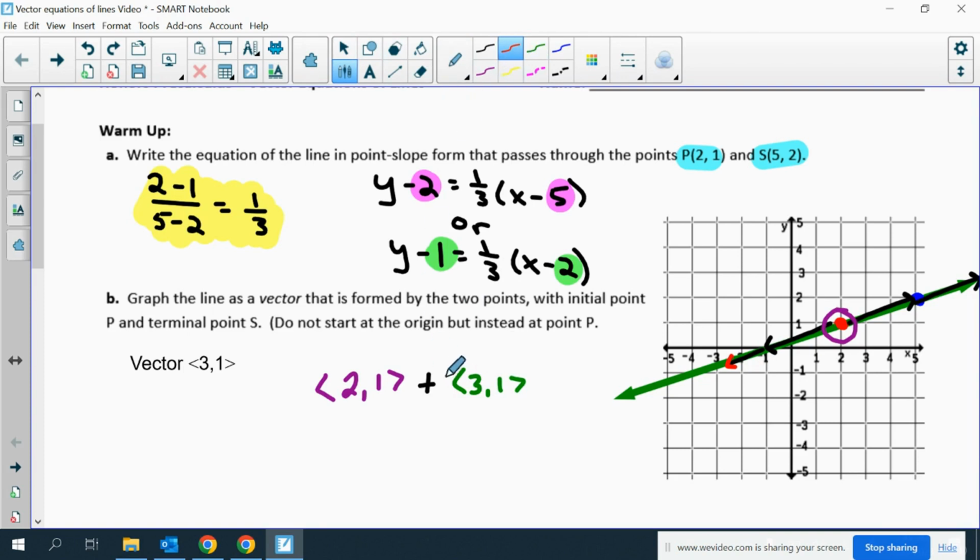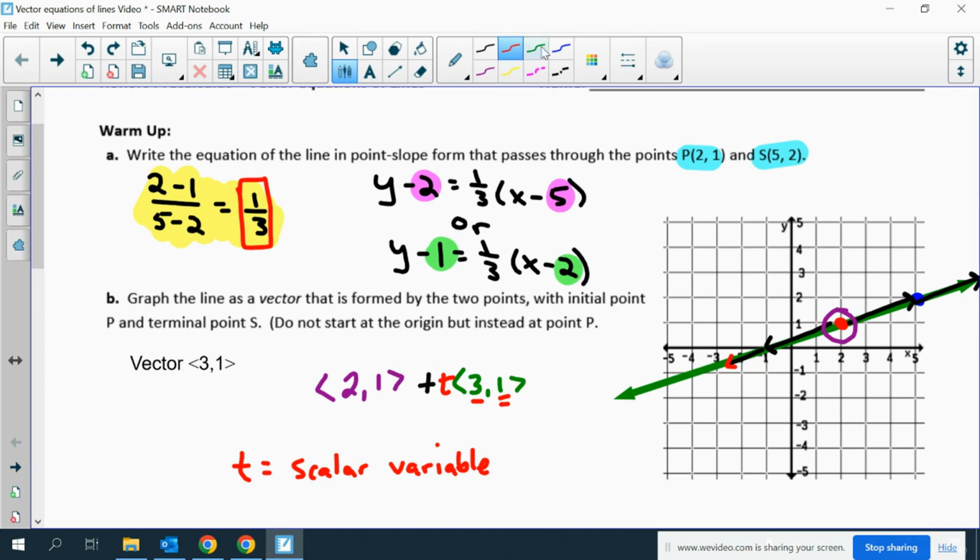So if I put a scalar multiplier in front, which is going to be our variable, t is our scalar variable in this case, I can multiply this (3, 1). If we notice that this is y and this is x, that makes sense with the slope that we had.